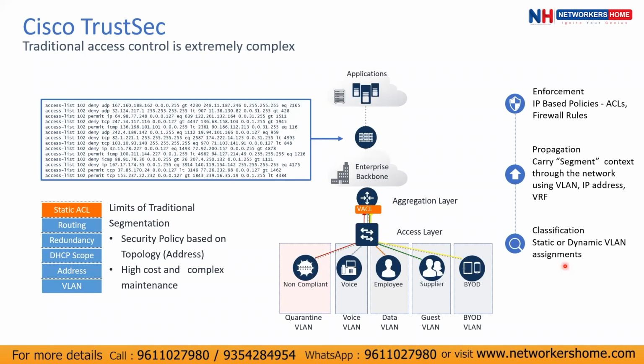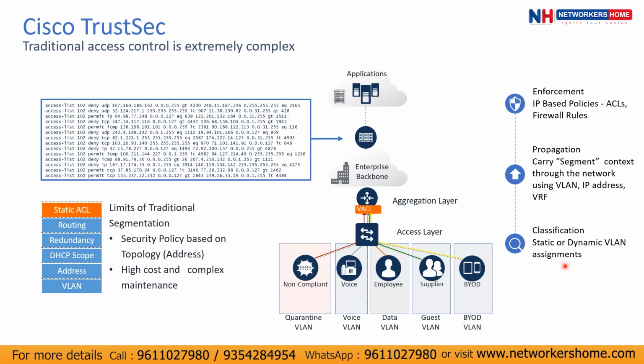Now, the static access list is quite traditional, and it is really difficult to identify specific endpoints. With the current demand and network growth, the number of users being onboarded on our network is quite high, with their own BYOD devices, their own applications and customized applications.